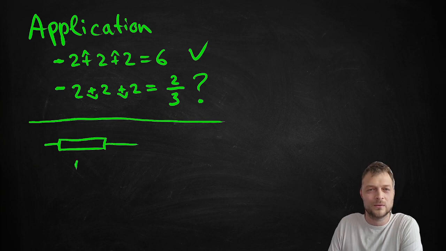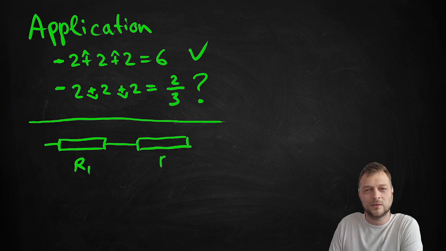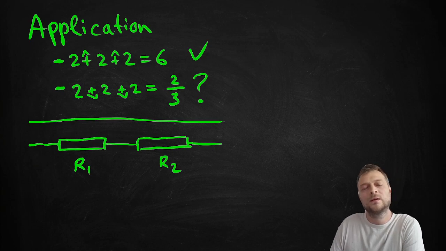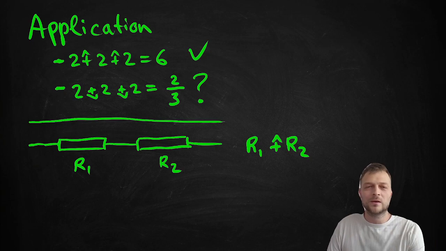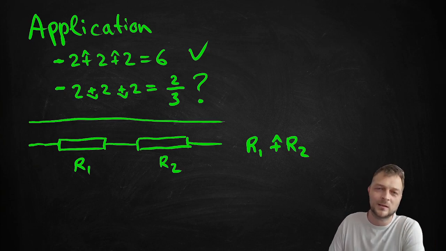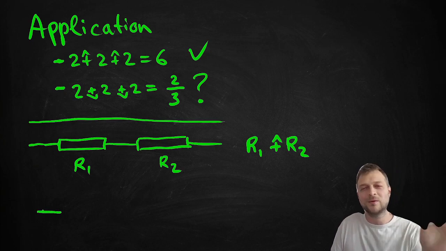When we have a resistor R1 and a resistor R2, then the total resistance of this segment of the circuit will be equal to R1 plus R2. There is another way to connect these two resistors: this is not parallel, this is serial.